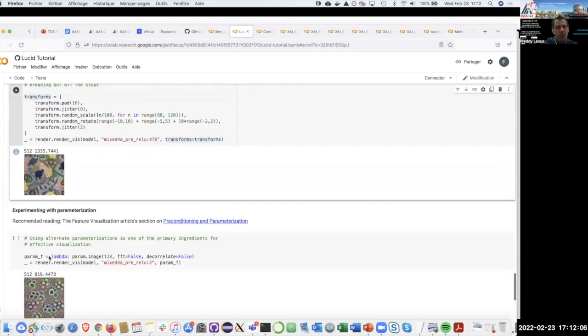Here I wanted to show that the visualization is very conditional on the transformation that you do, and I won't say it's cherry picking, but you need to try different things to get the right visualization.